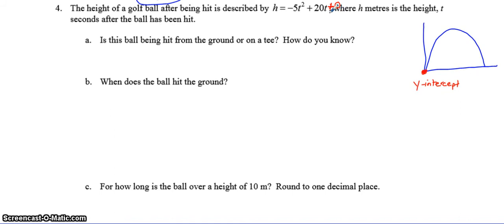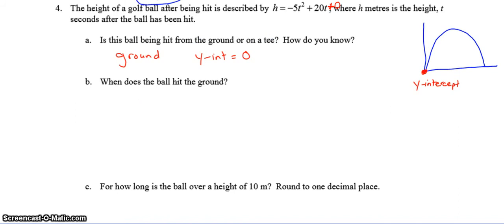Because there is no constant term, it really means the constant term is 0, so that means it's being hit from the ground. So because the y-intercept is equal to 0, you're hitting the ball from the ground. If you had a constant term being added at the end, then the y-intercept would not be 0 and you would have been hitting it from a tee.